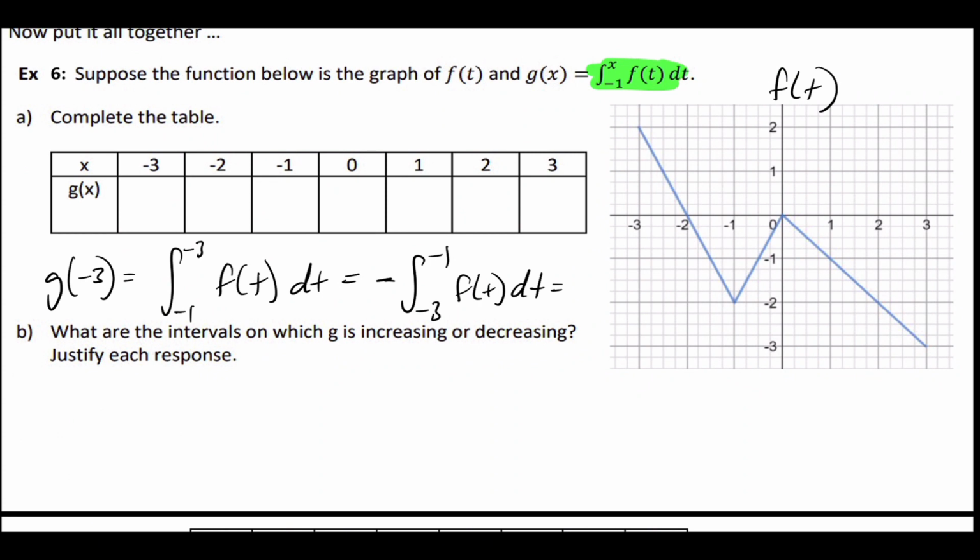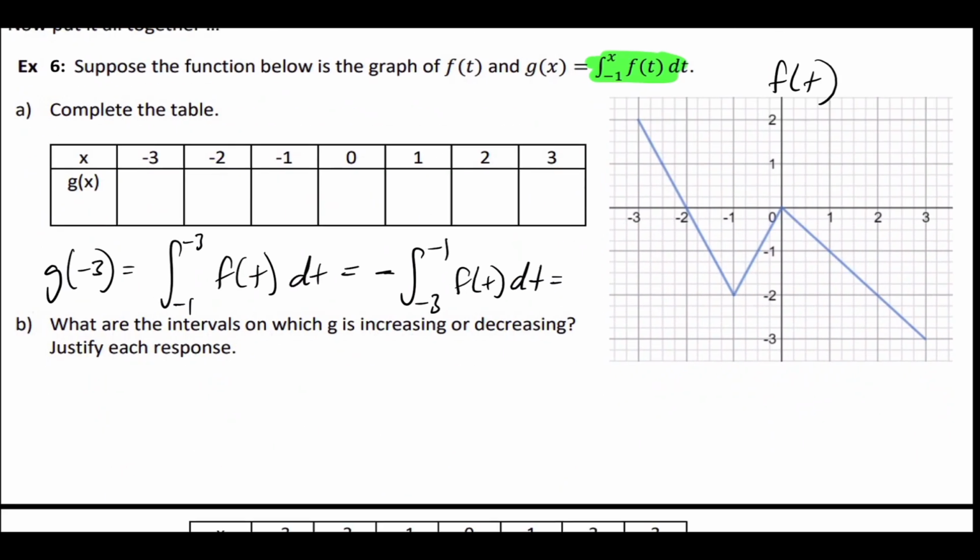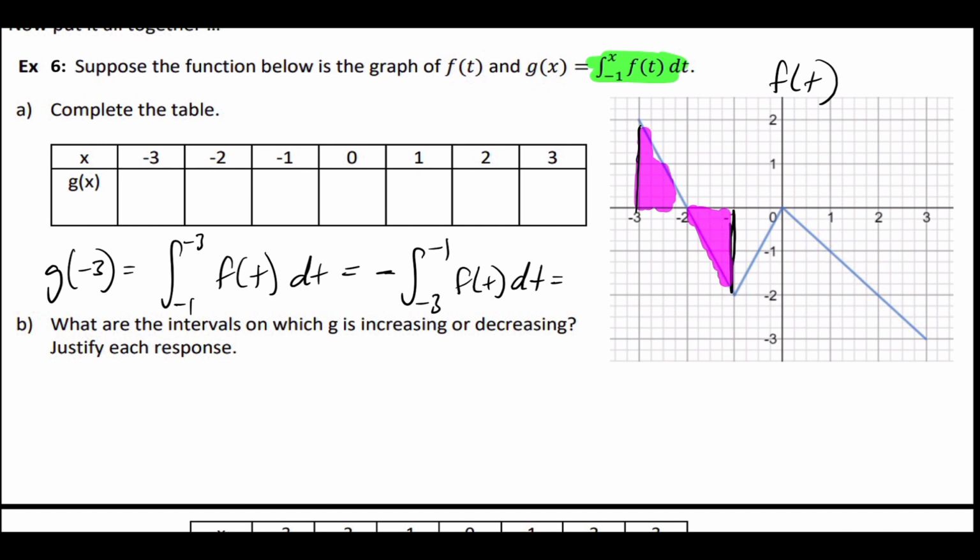Okay. So -1 to negative, wait. What did I do right? Yeah, -3 to -1, sorry. So -3 to -1. Oops, let me use a different color. Two triangles.